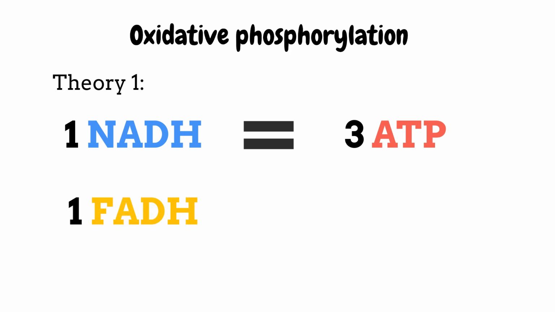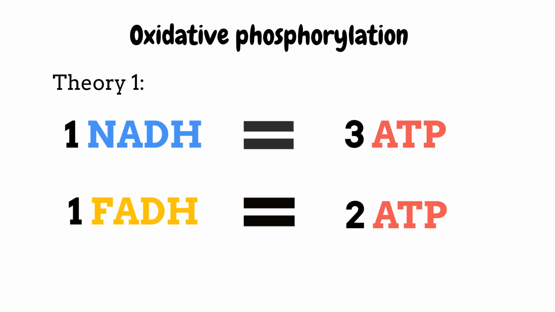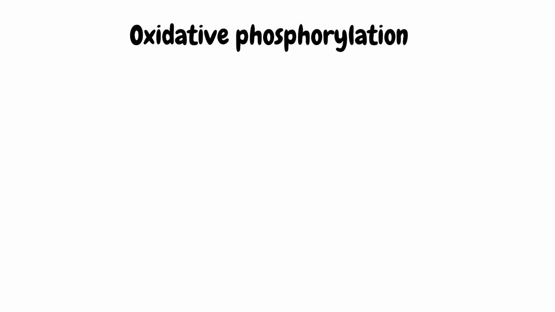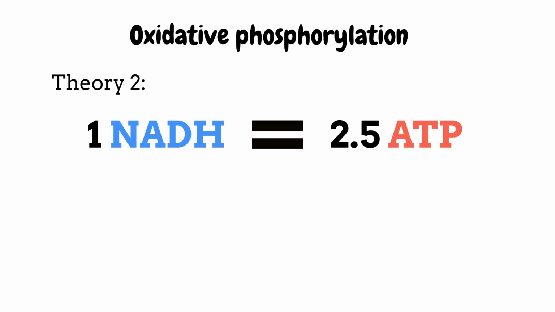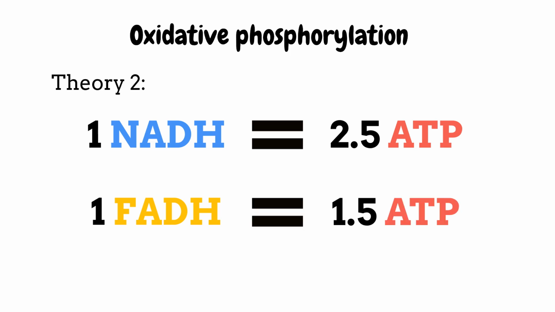And for every reduced FAD, we get 2 ATPs with oxidative phosphorylation. There are other books that are more precise. These books say that every reduced NAD is converted into 2.5 ATPs in oxidative phosphorylation, while every reduced FAD is converted into 1.5 ATPs in oxidative phosphorylation.